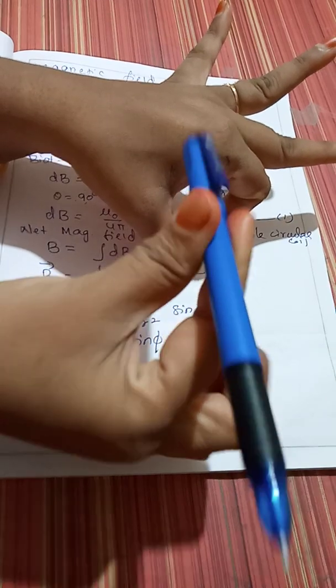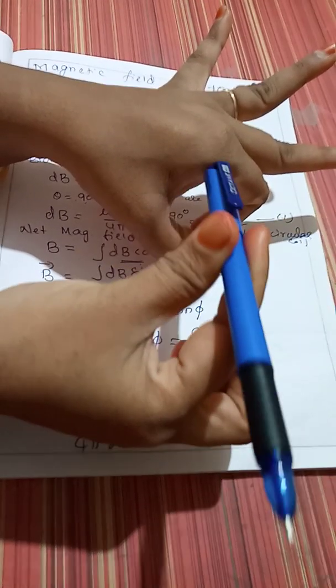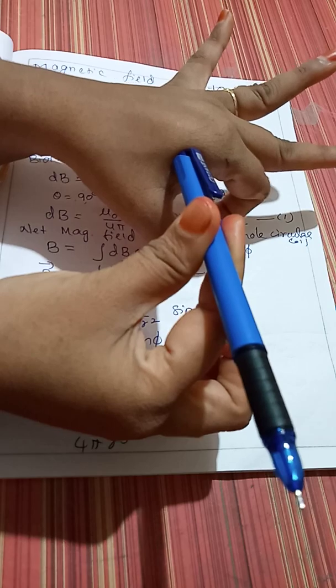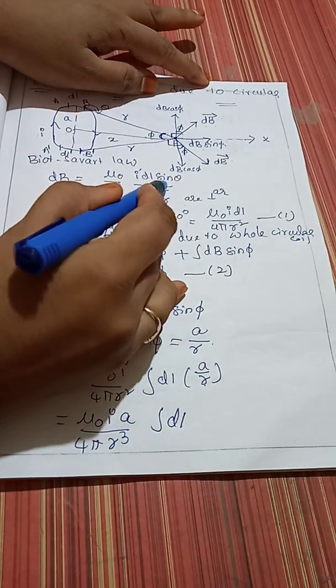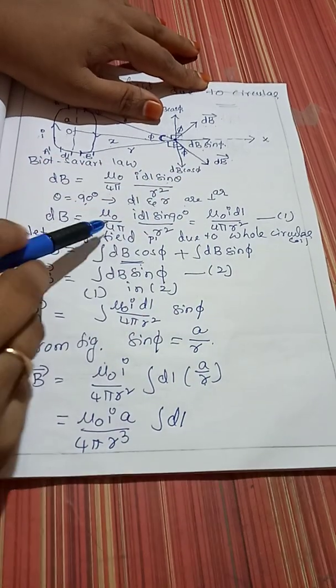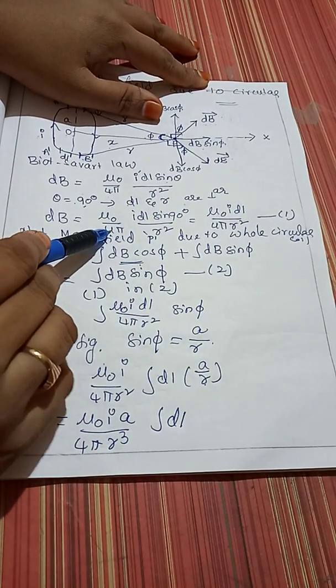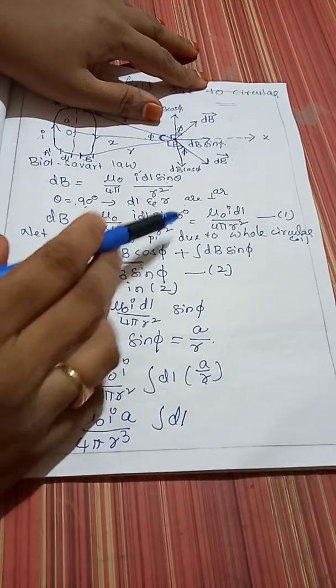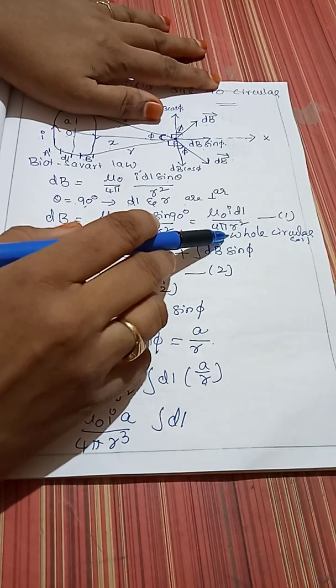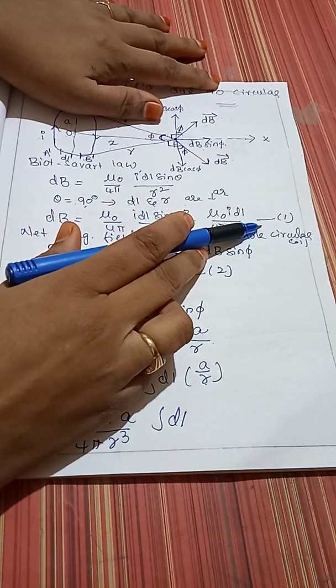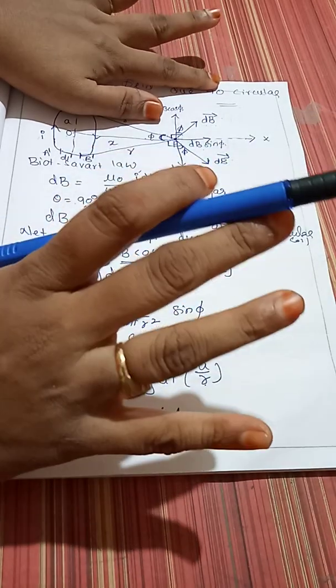So r is perpendicular to the element, and theta becomes 90. So dB equals mu naught I dl sin 90 degrees by 4 pi r square, which is mu naught I dl by 4 pi r square. Let us take it as equation 1.